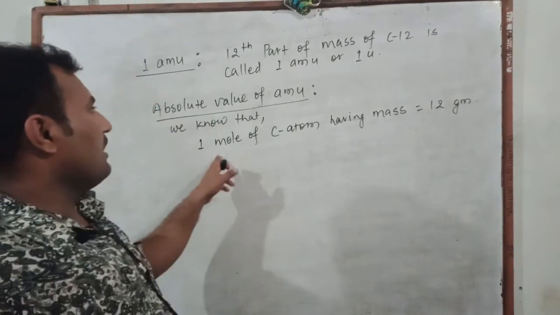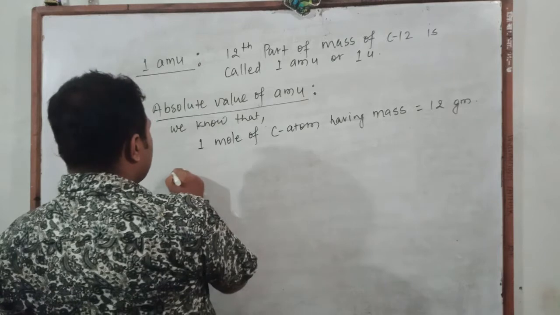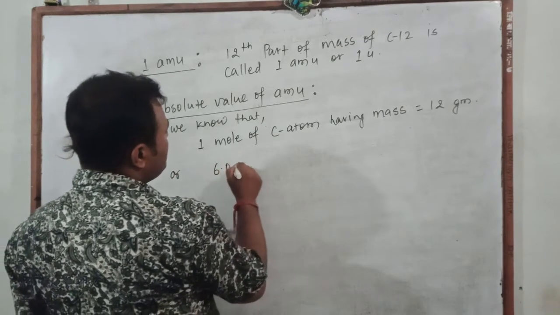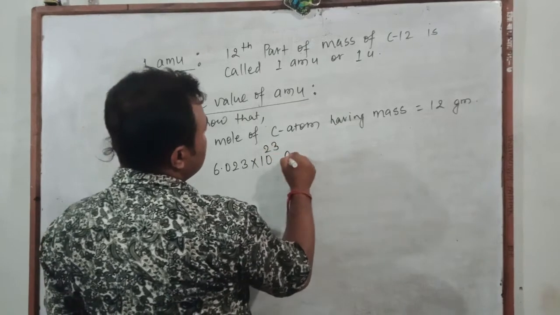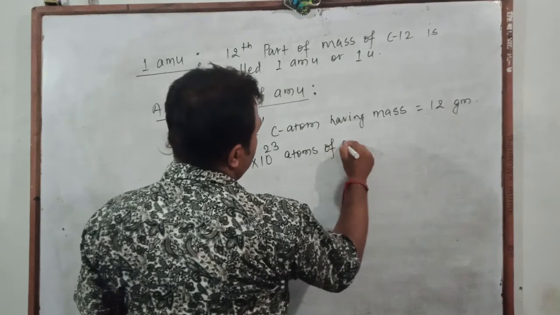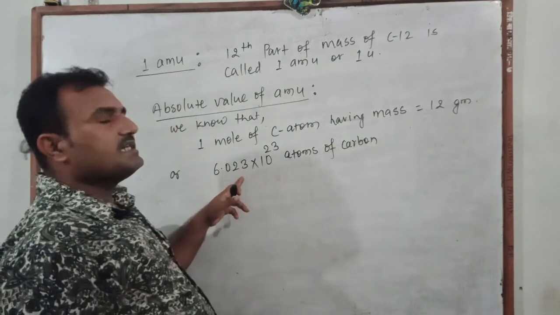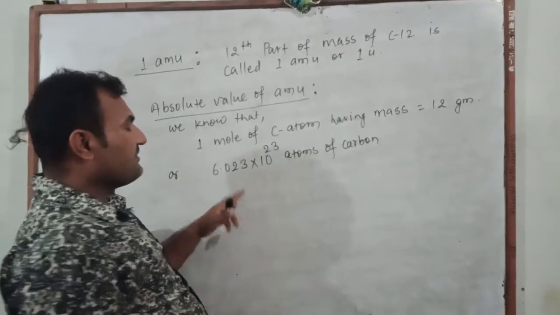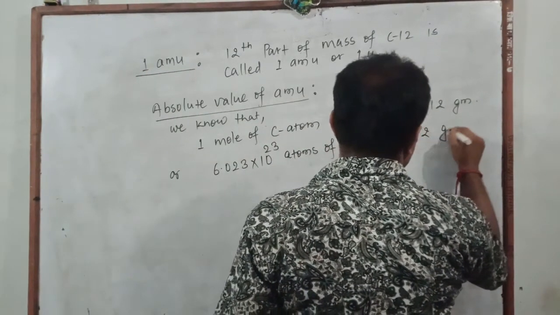One mole of carbon means 6.023 into 10 to the power 23 atoms of carbon, because 1 mole of carbon contains that many atoms, and that much is equal to 12 gram.